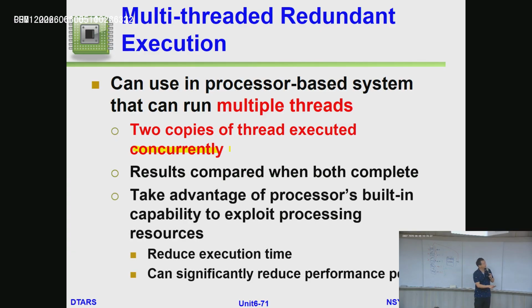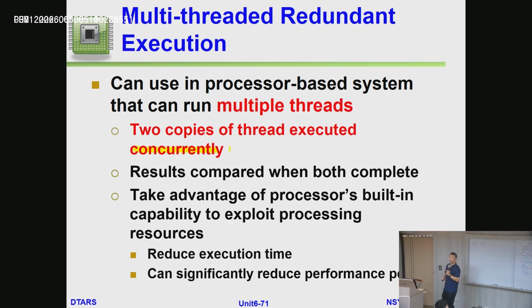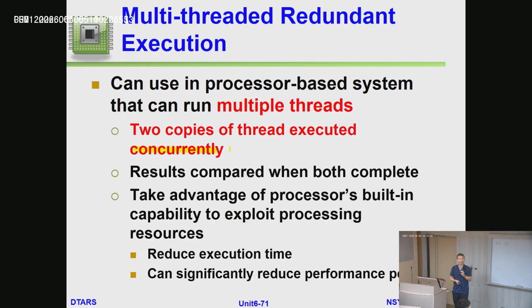We take advantage of the CPU's built-in threading capability to do this. So we can reduce execution time and significantly reduce the performance penalty. So I hope that in the future, if you have some cost problems related to time, you can think about threads or parallel processing as part of your solutions.